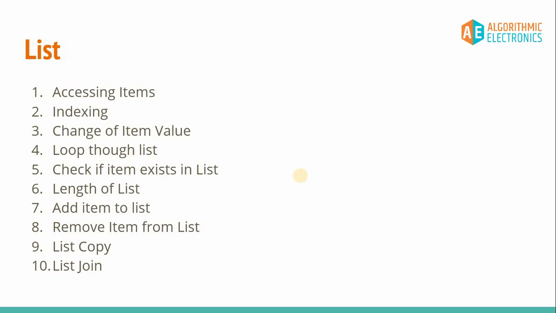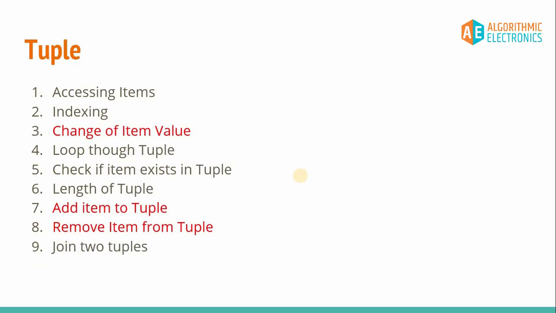We have discussed the list with various operations, like how we can provide indexing and how to access different elements or items from the list. As far as the tuple is concerned, we are going to proceed in this fashion. Initially we'll access the items from the tuple. We'll provide some indexing and try to print a particular item from the tuple.